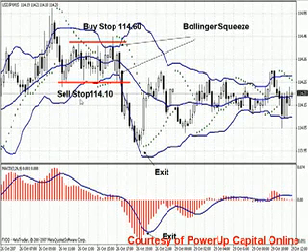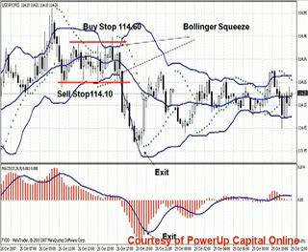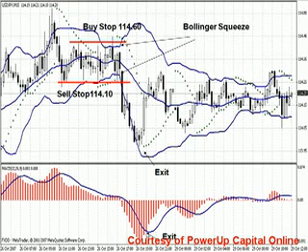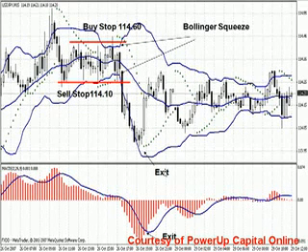So the sell stop order gets executed. Currency goes all the way down. Now you wait for the parabolic dot from above to go below and a MACD crossover at the bottom. At that point, you will exit. So this is our Pip explosive profit technique.